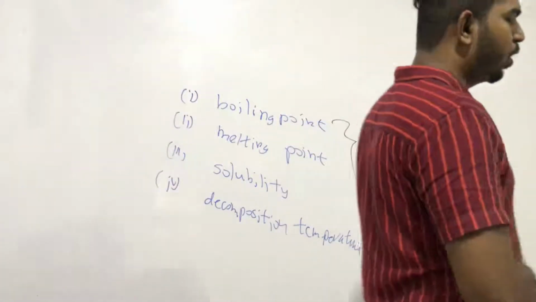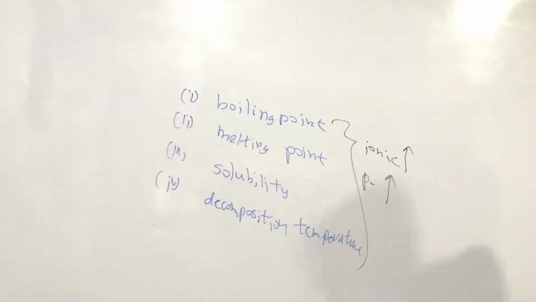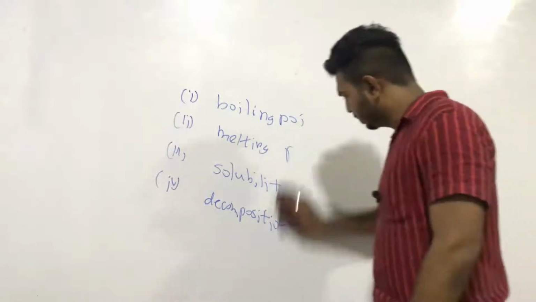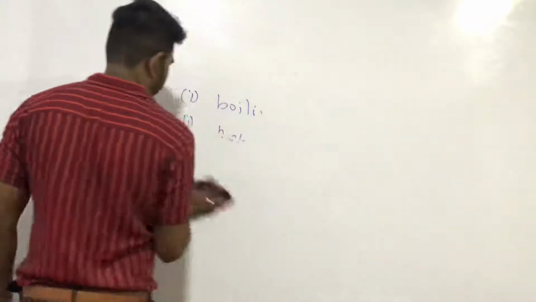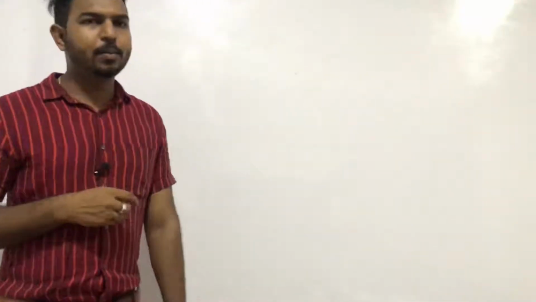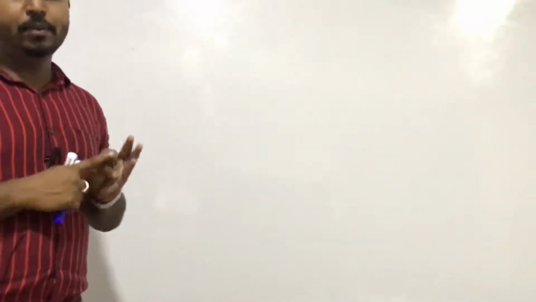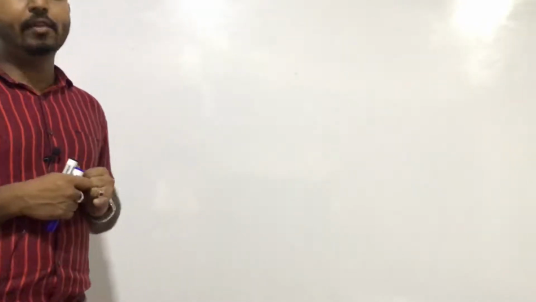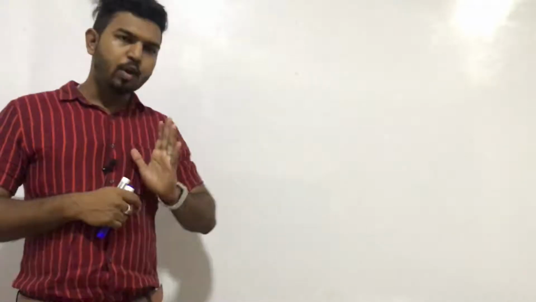So you should remember these special properties: boiling point, melting point, water solubility, decomposition temperature depend on ionic nature. When ionic nature increases, all these properties increase, and when covalent nature increases, all these properties decrease, and ionic properties also decrease.